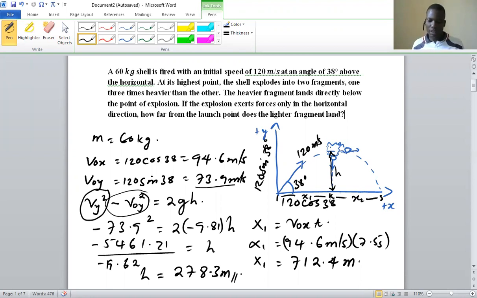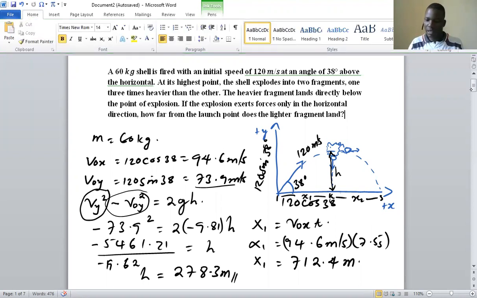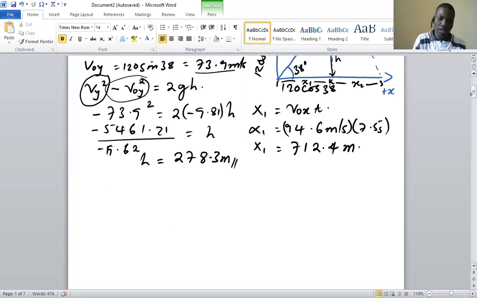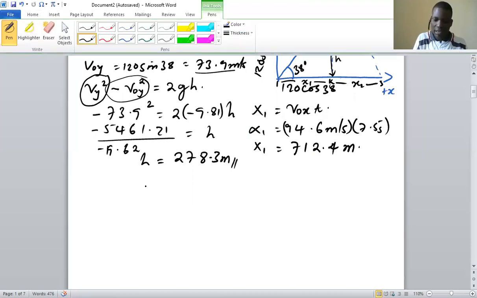So now we can use this height to find the time that the fragment spent in the air. So now we know that height is given by v0 t plus half g t squared.